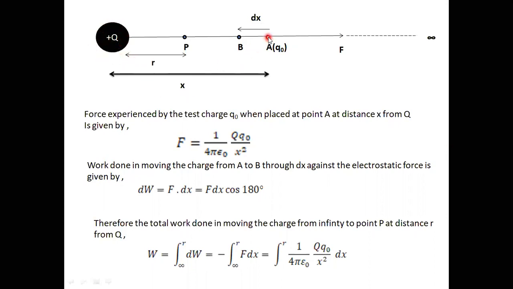At point A, it experiences a certain force, which is nothing but Coulomb's force, 1 by 4 pi epsilon naught, Q Q naught by x squared. This is the amount of Coulomb force experienced at this point due to this source charge plus Q.